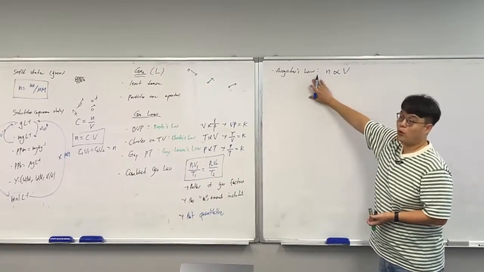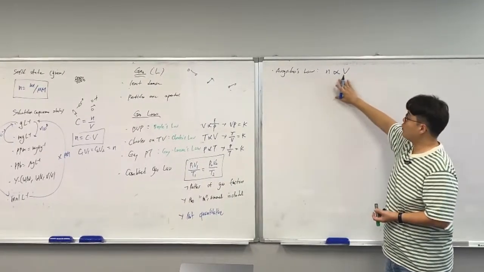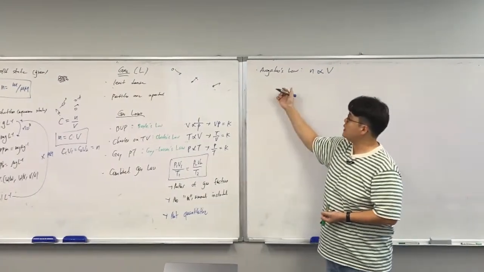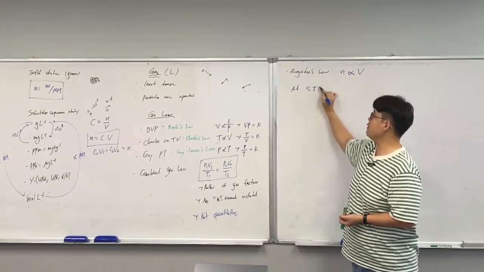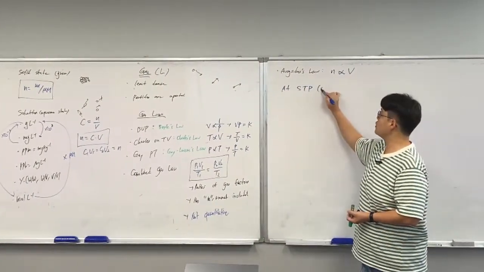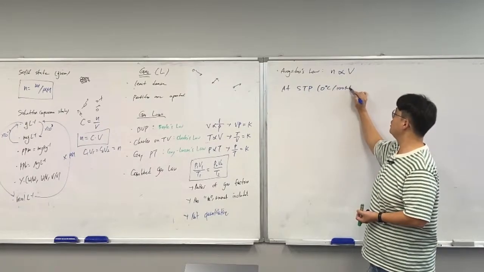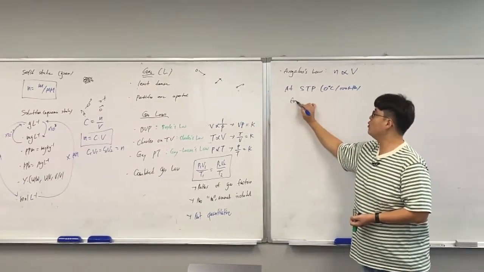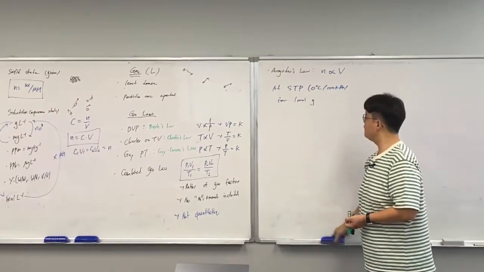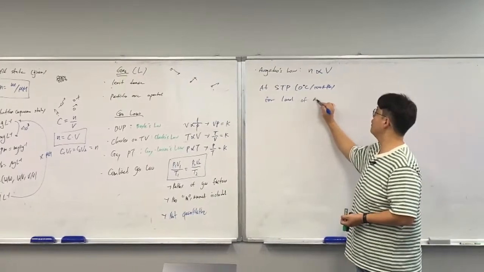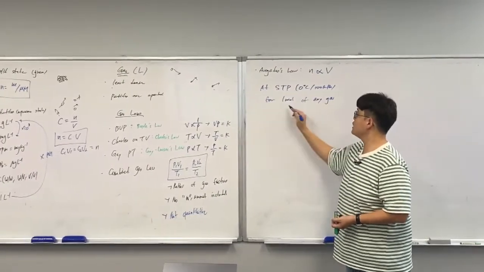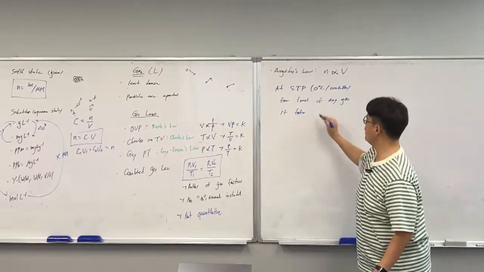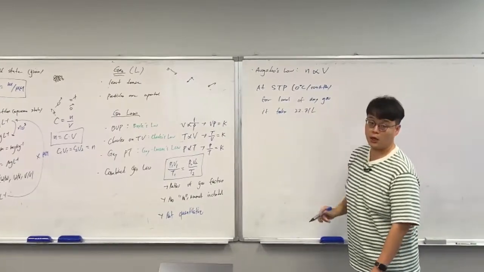Now, let's talk a bit more about Avogadro's law. According to Avogadro's law, the number of moles is directly proportional to the volume. We learned that at STP, which is 0 degrees Celsius and 100 kilopascals, standard temperature and pressure, 1 mole of any gas takes 22.71 liters of volume.